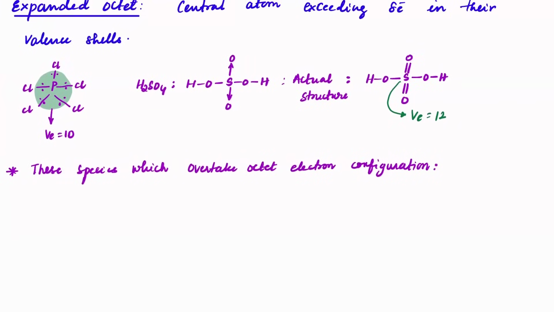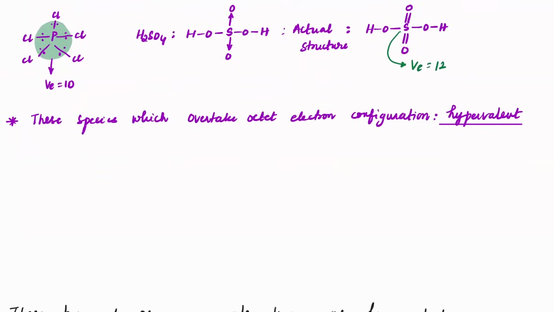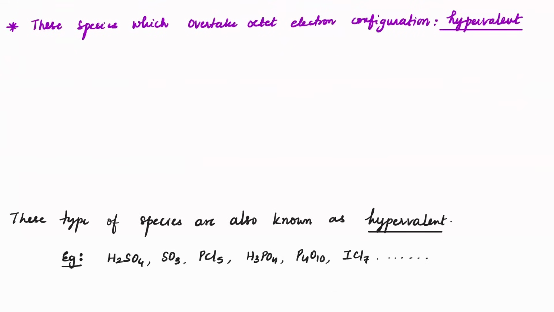We call them as hypervalent species. So earlier it was hypovalent. Here these are hypo. I have written it here. Sorry, these are hypervalent species.